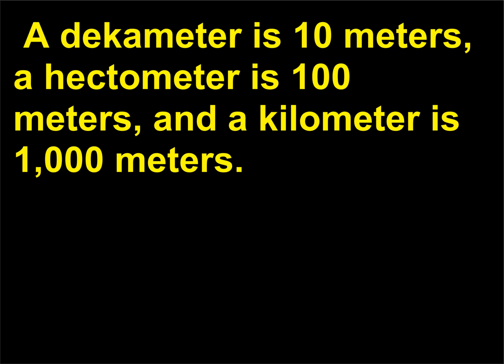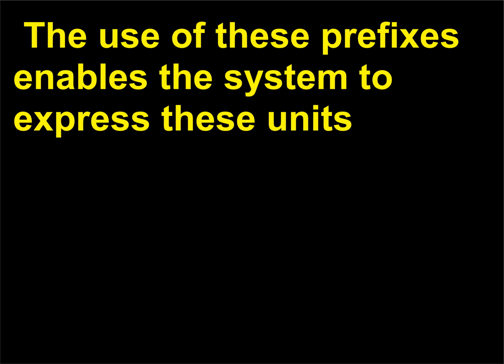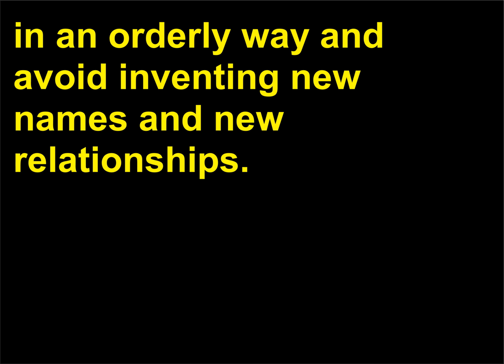A decameter is 10 meters, a hectometer is 100 meters, and a kilometer is 1000 meters. The use of these prefixes enables the system to express these units in an orderly way and avoid inventing new names and new relationships.